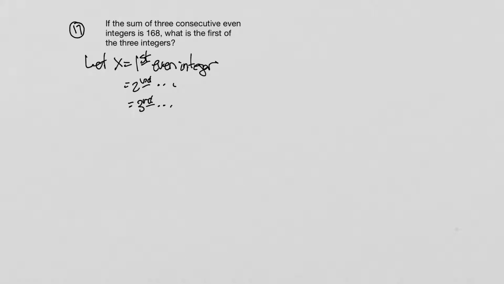So these are even integers, and even integers, you know, differ by 2. So if x is the first one, the next one is going to be 2 more than that, right? Like if the first one was 10, the next one would be 10 plus 2, 12. And the third one would be 10 plus 4, or 12 plus 2.